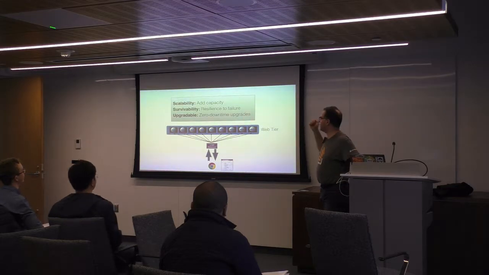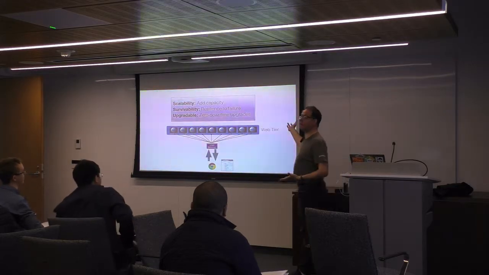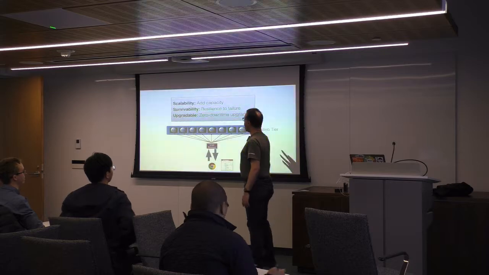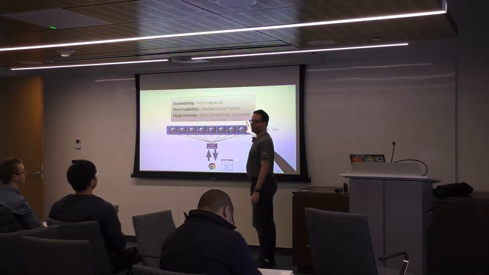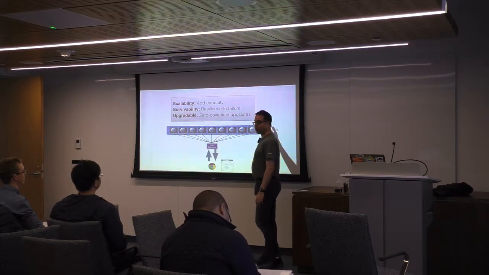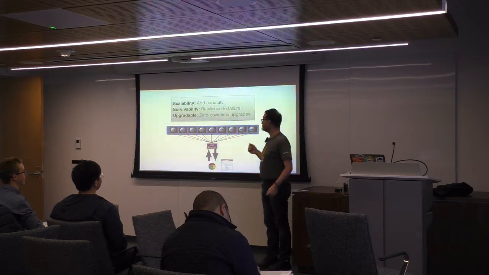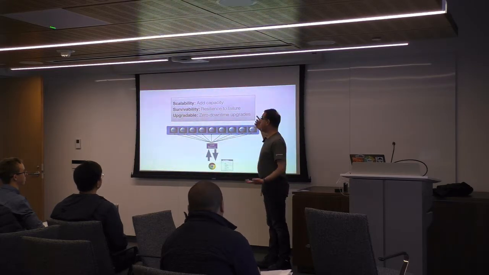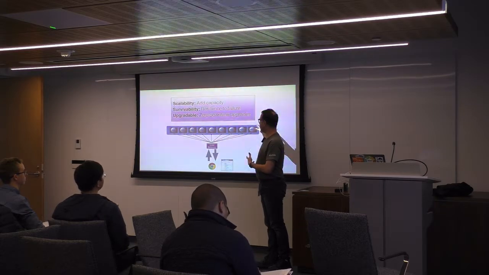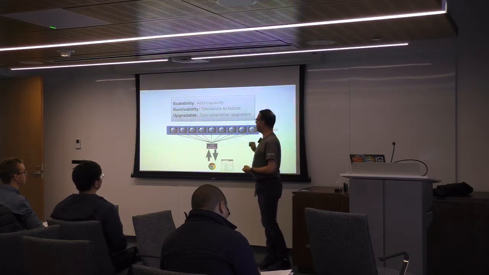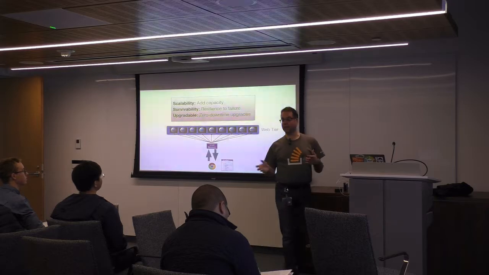So the load balancer gives us scalability. Oh, right, and we can add more. Every couple of years we add more web servers so that we can handle more traffic. It improves survivability, which is what I mentioned before with failed hardware, and it lets us upgrade the site without taking it down.